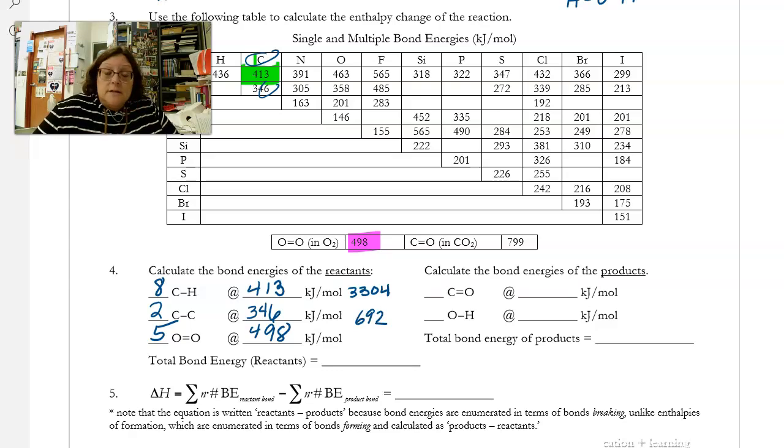And 498 times 5 is 2490. We add all those up and we come up with 6,486 kilojoules of energy per mole that went into that reaction to break all of those molecules apart into atoms.